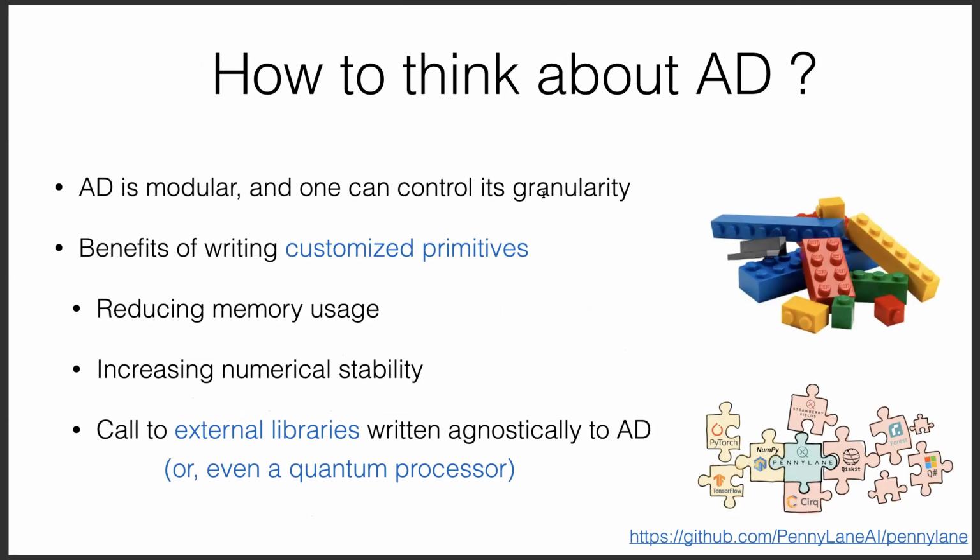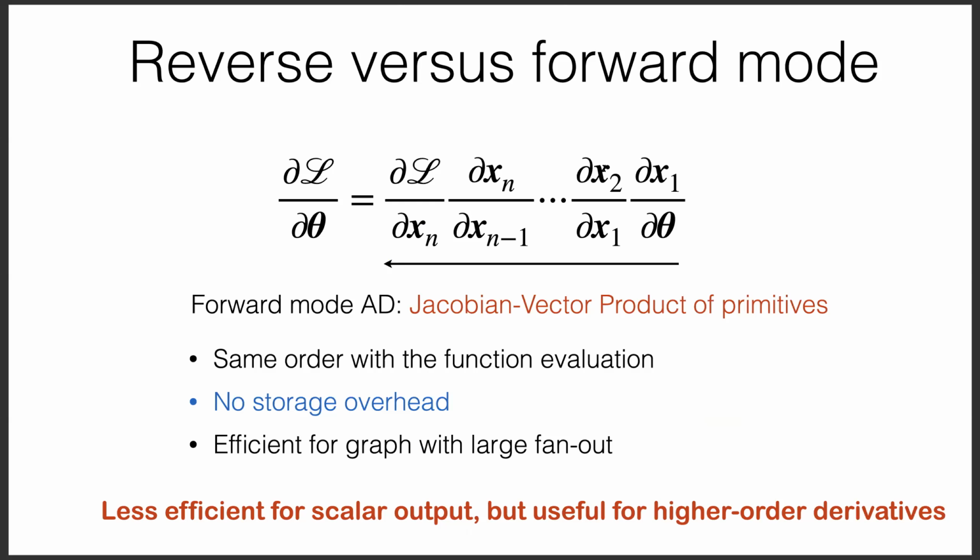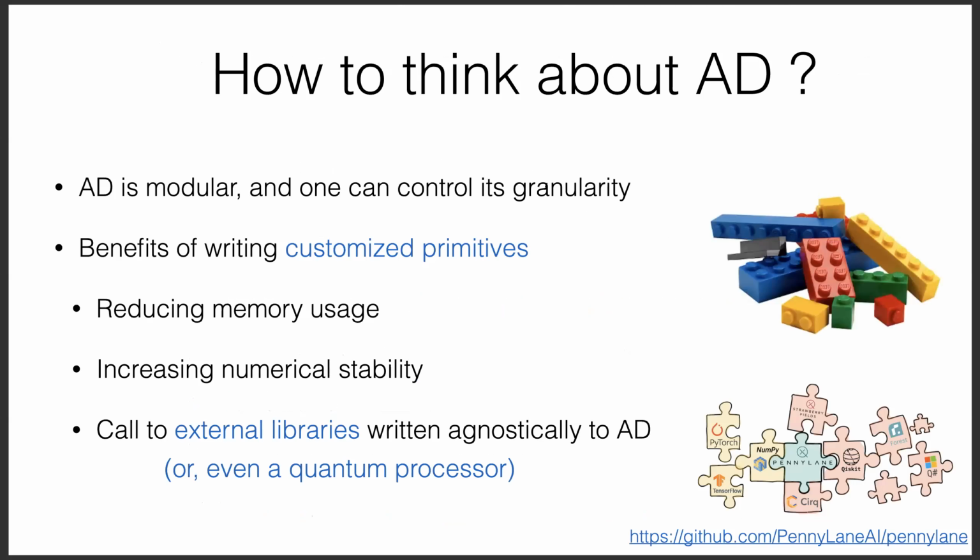So the other important perspective for automatic differentiation is actually to think about them in a modular way. For example, here, I can certainly group a few steps of computation into one step, as long as I can provide its vector Jacobian product rule, right? So in this way, I can control the so-called granularity of the differentiation.